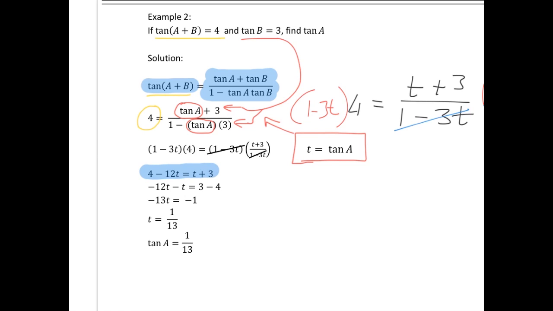Once we multiply out this left-hand side, we're just left with a t plus 3 over here.